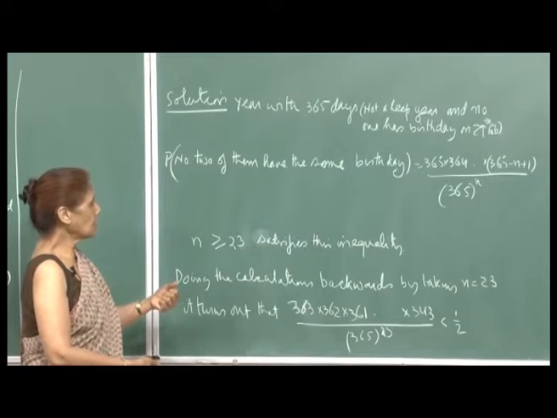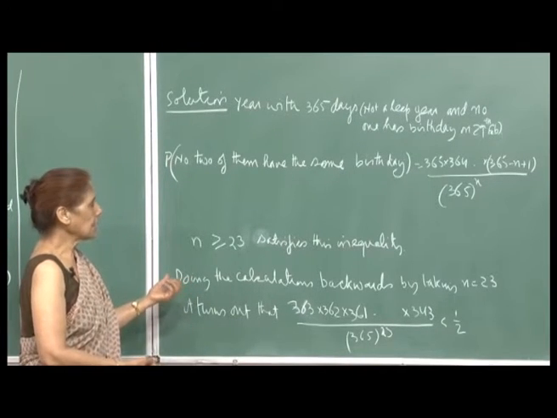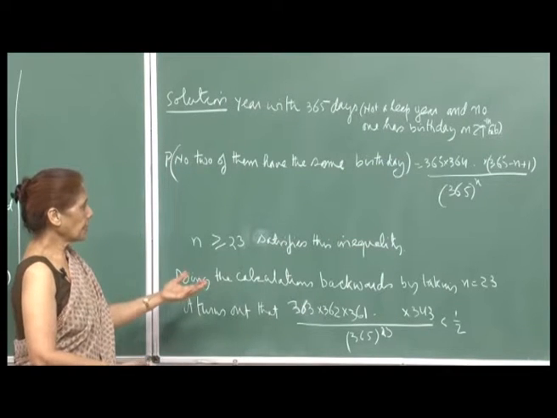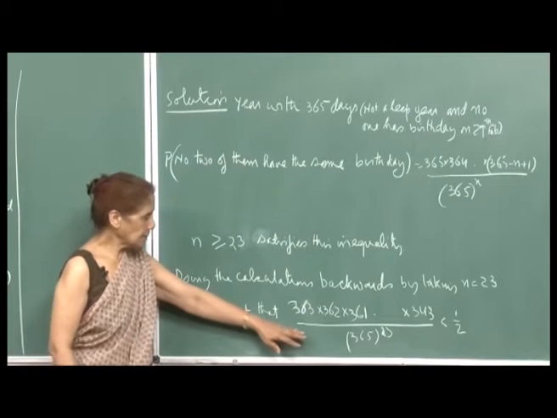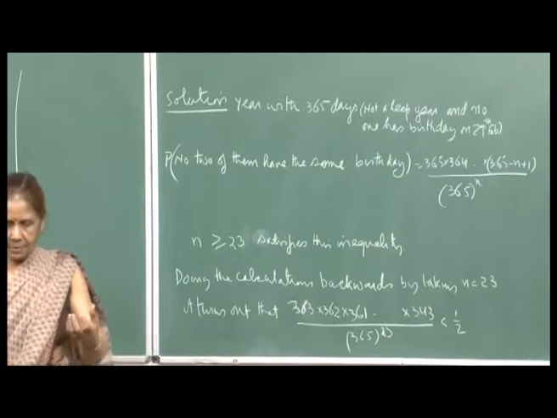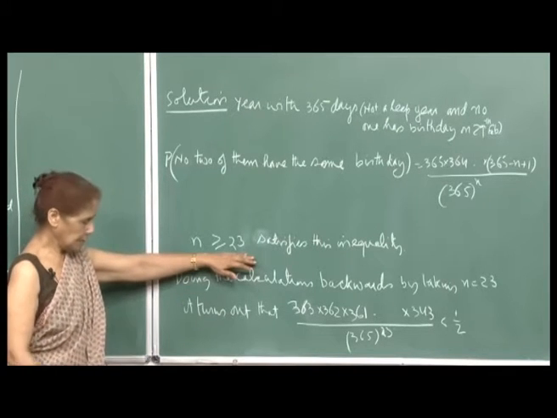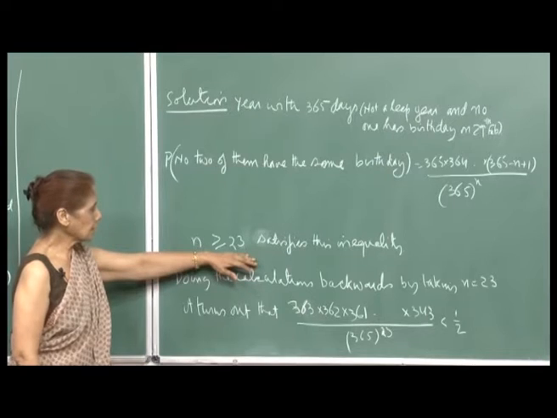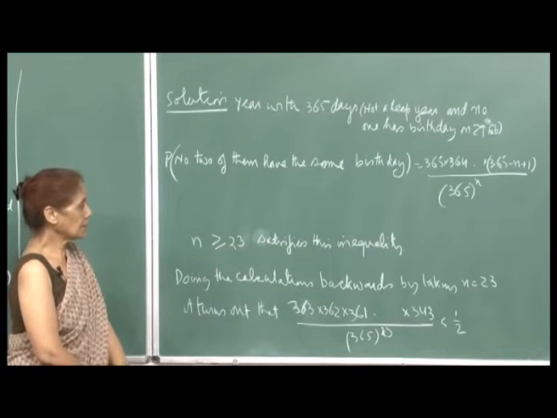One cannot really assume independence to calculate the actual probability, but we will see that some approximation is possible. But it is just interesting to see that even in a group having 23 persons, the probability that no two people have the same birthday is less than half.